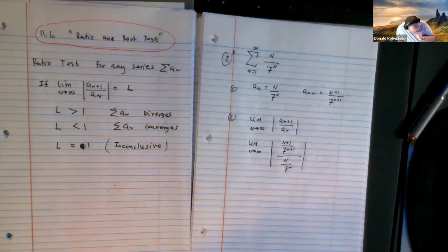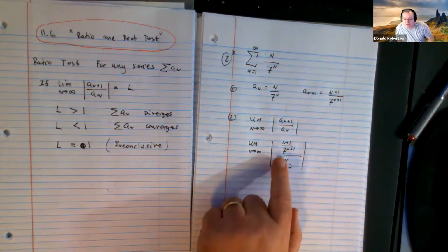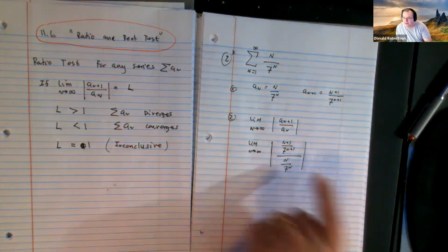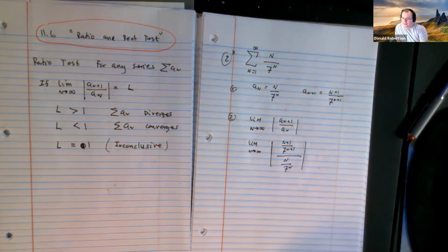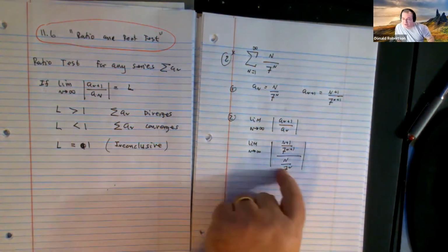Those absolute values are basically just to make the thing positive. Would you agree that both these terms are positive? So couldn't I have done away with the absolute values and it wouldn't have made any difference to my answer? The only time these absolute values become important is if the thing inside could be negative.